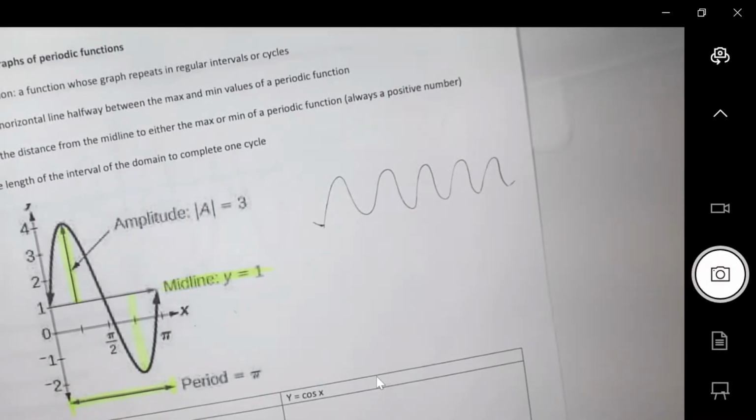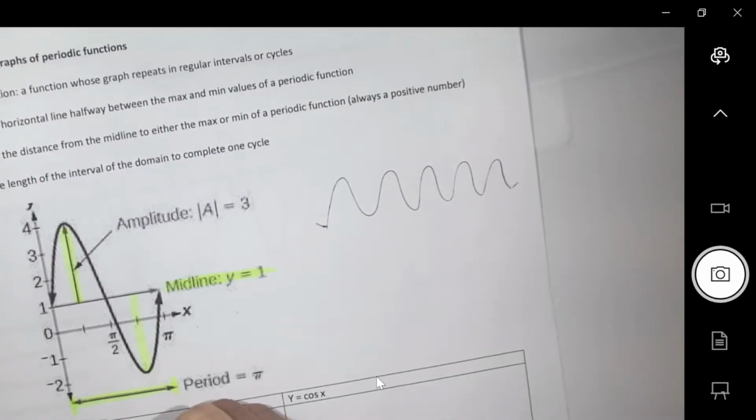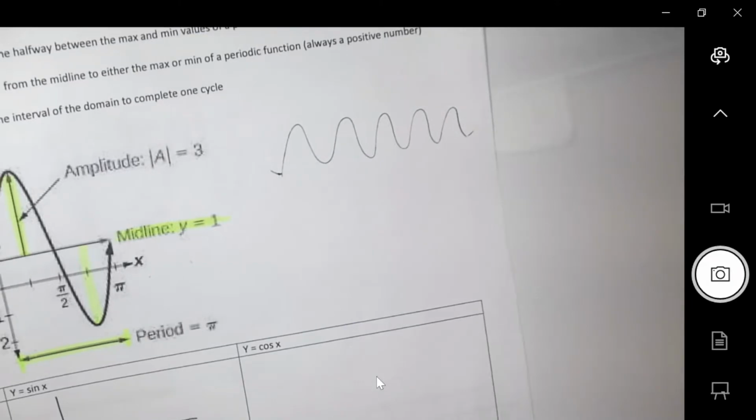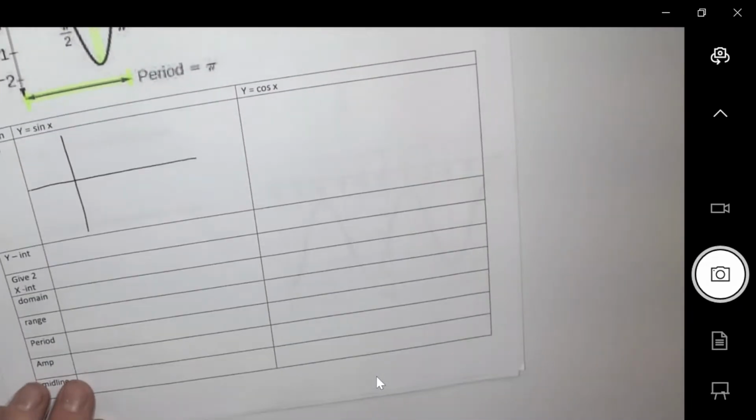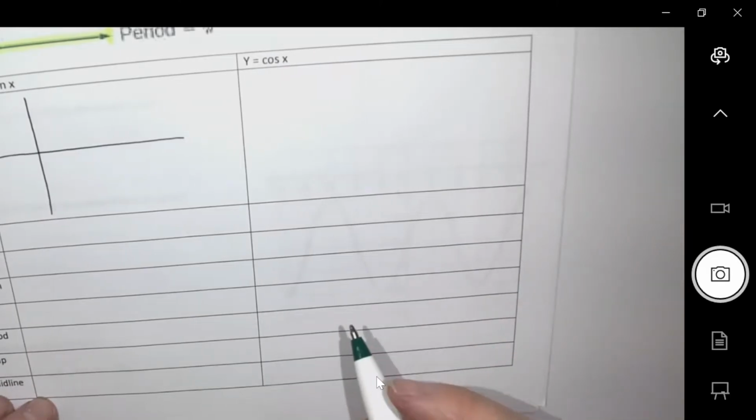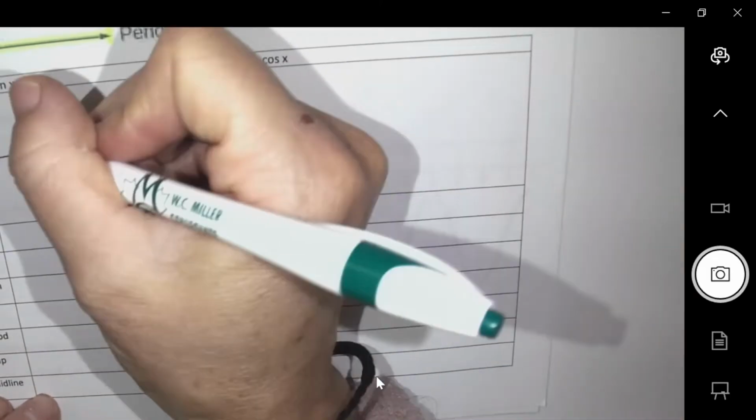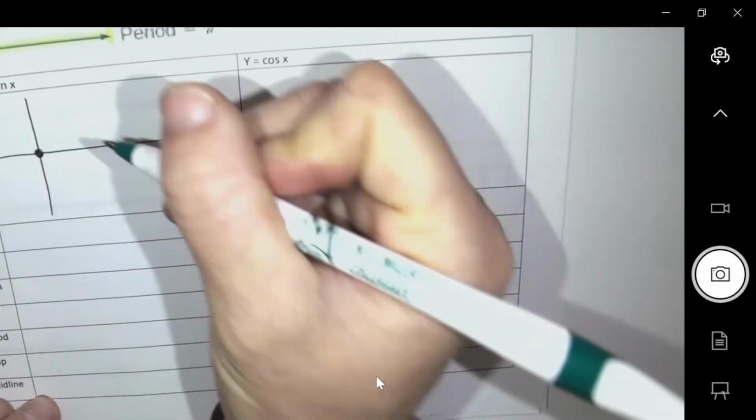Okay, so we're going to graph a sine curve. We're not going to play with the calculator today. We'll play with it tomorrow. Can you put your first point at the origin?